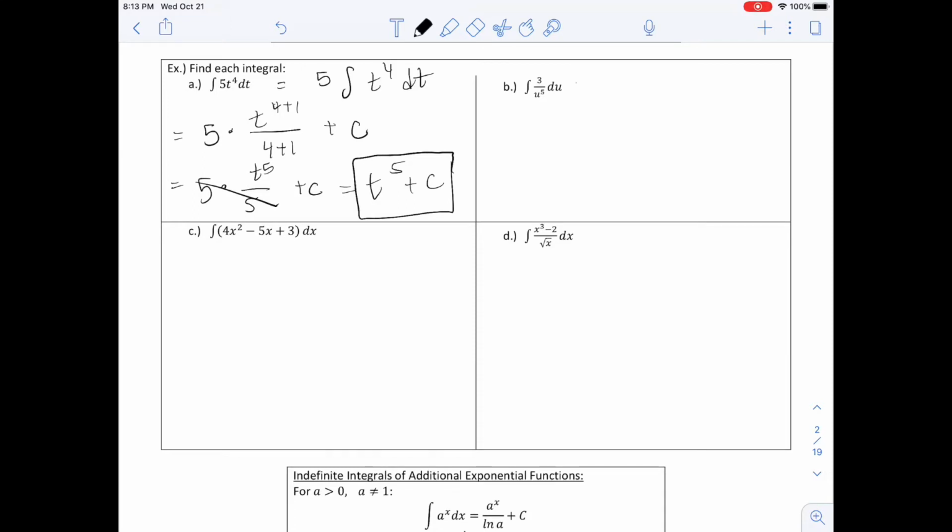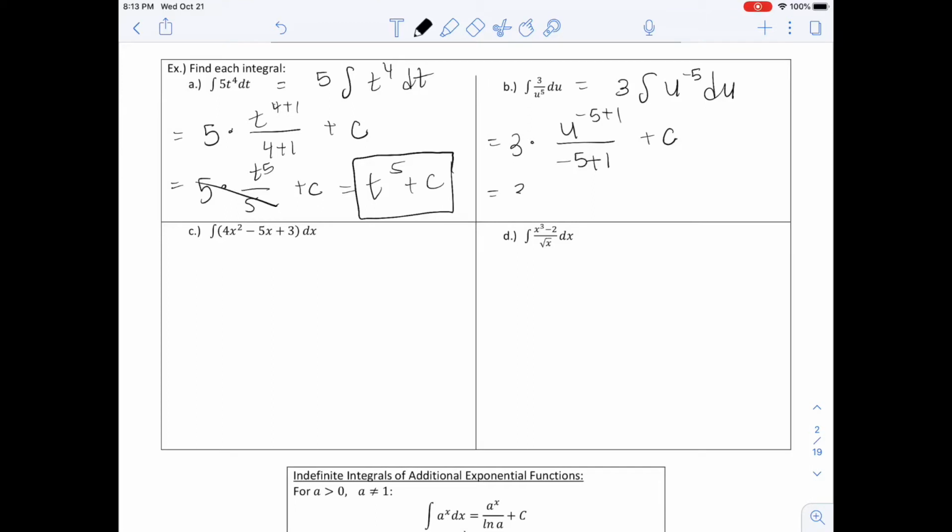Part B, I'm going to go ahead and move that 3 out in front and rewrite this as the integral of u to the -5th du. Same idea, that 3 stays there since it's a constant multiple. I have -5 adding 1 to the exponent, dividing by that same value in the denominator, plus c.